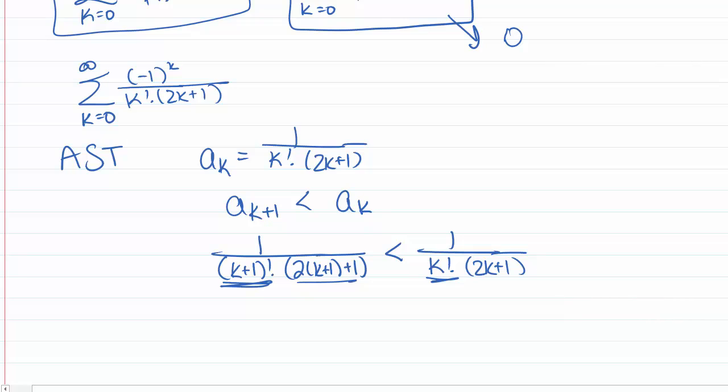And 2 times k plus 1 plus 1 is bigger than 2k plus 1, so we also added a bigger thing to the bottom for that term, so that one also made the k plus 1 term smaller. So yeah, it is non-increasing, and if we look at the limit as k goes to infinity of the a sub k's, we can see the bottom goes to infinity, top is constant, so this is 0. So it converges by the alternating series test.